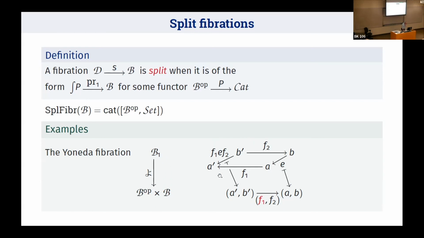Here I had to show you the category immediately. It's not the category of commutative diagrams. It's a category that connects arrows in B when they can fit in a diagram like that. So there is an arrow going in one direction and the other arrow is going backward.